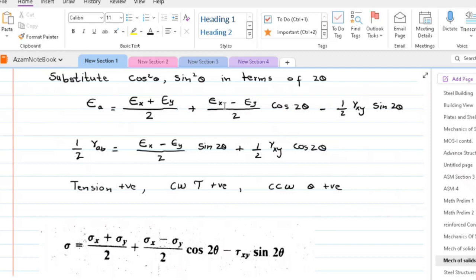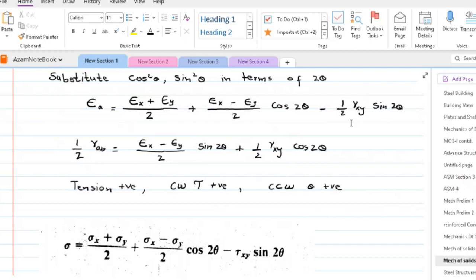The second term has got one strain getting subtracted from the strain in the orthogonal direction, and in the stress expression the stress in one direction is getting subtracted from the orthogonal direction. The third term in both the strain and stresses is also analogous.